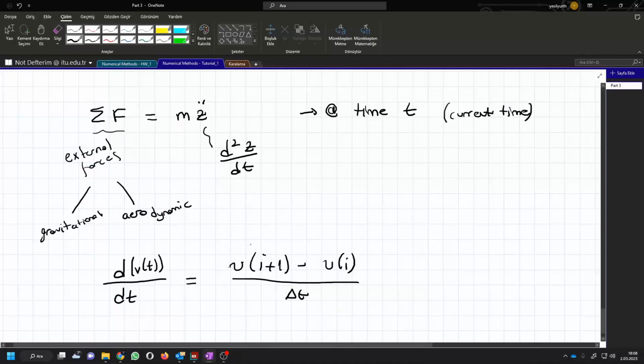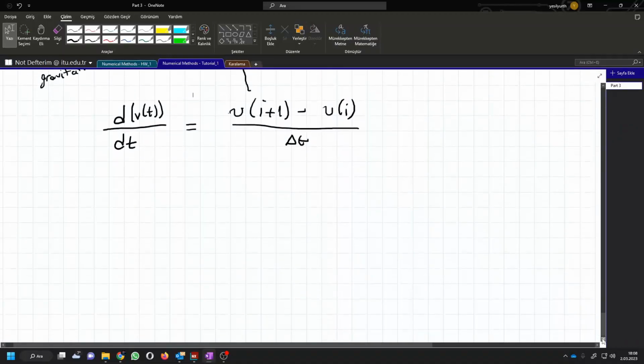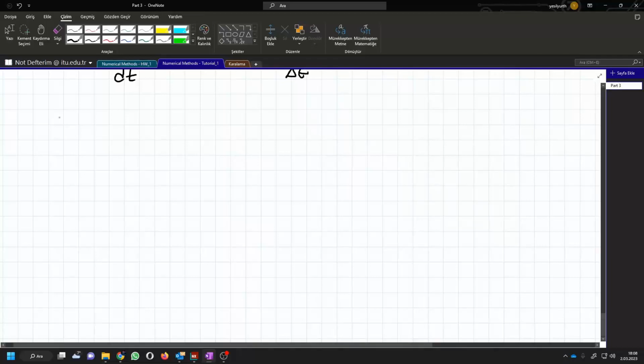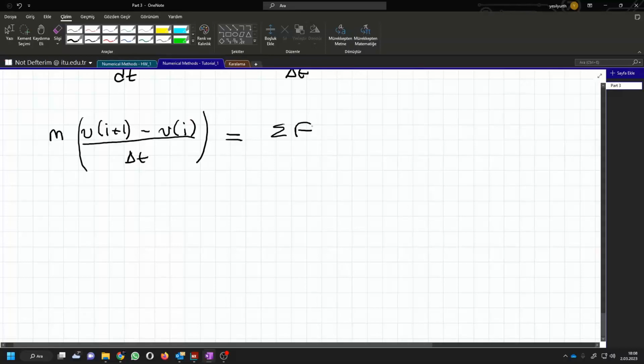So I'm going to put this value here. m times v(i plus 1) minus v(i) over delta t will be equal to sigma f of i, the external forces acting on the body at the current time, where my velocity was v(i).